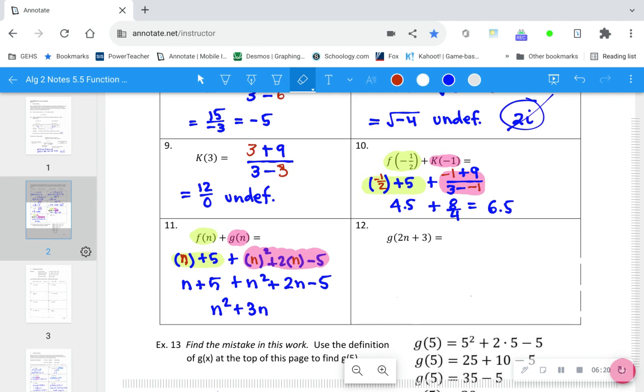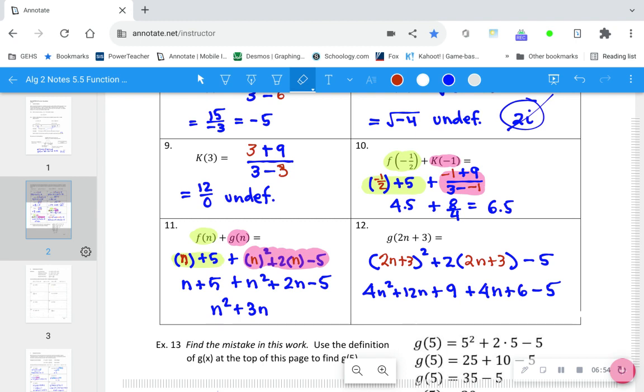Okay, we got a little twist on this next one. We're going to do g of, and we're plugging in an expression, 2n plus 3. So the first thing to do is set it up. You're going to need a little bit wider gap for the plug-in part. And what we're plugging in is 2n plus 3 and 2n plus 3. And if you look at the top, g squares it, doubles it, and subtracts 5. Adds them all up. So now it's just number crunching time.